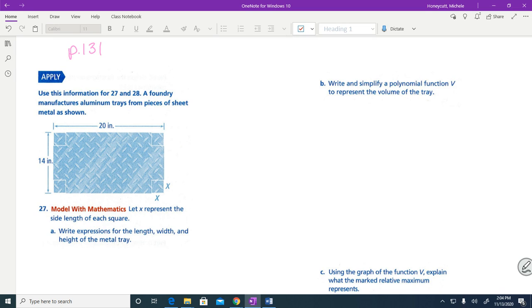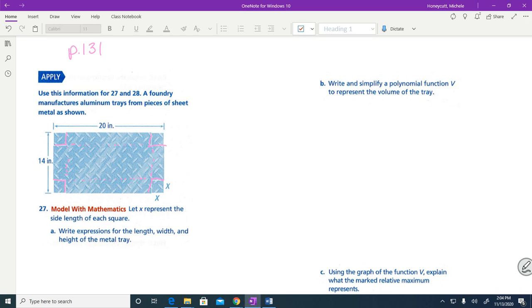So what's going to happen is that the manufacturer is going to have a rectangle piece of sheet metal, and then they are going to cut away the corners. So the corners totally go away, and then they fold it up. So they would fold it on these dotted lines, and it's sheet metal, so they'd bend it up, and it would make an open box.